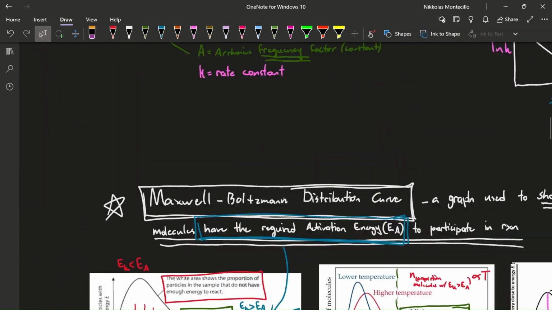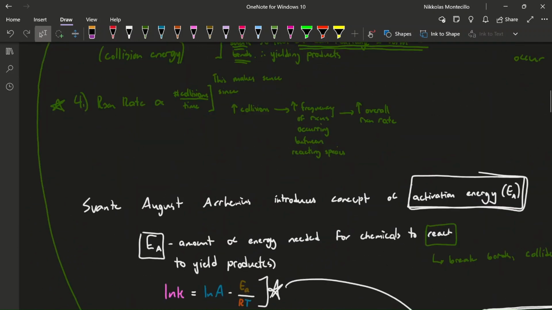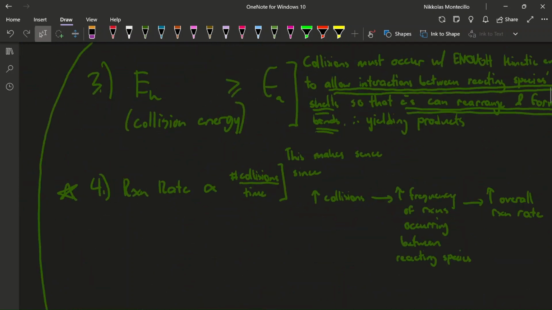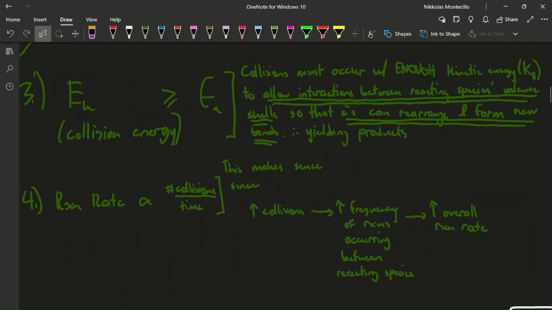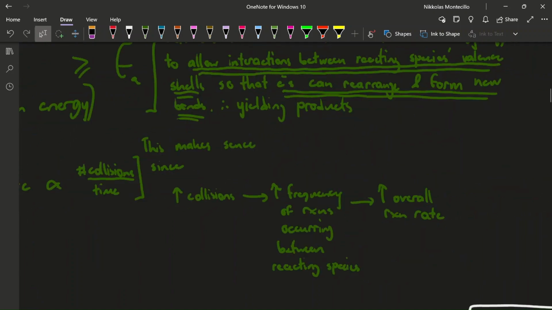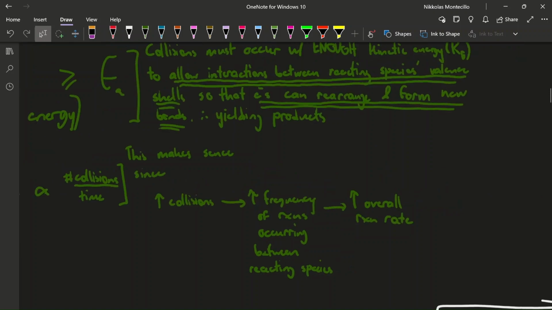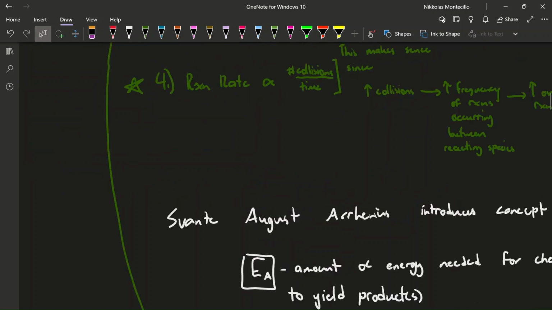And remember that with a higher proportion of molecules with high kinetic energy, there's a greater number of collisions, which increases the frequency of reactions occurring between reacting species, and therefore increases the overall reaction rate.